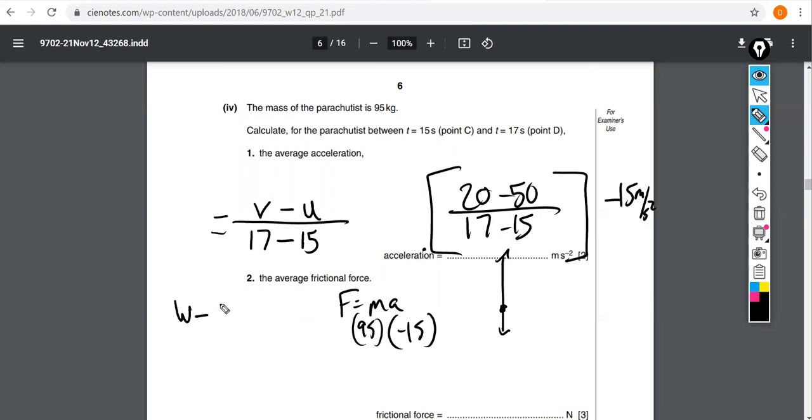Weight minus the frictional force, which is drag, is equal to 95 times 15, because mass times acceleration gives the net force. Remember, weight is mass times g, 9.81.